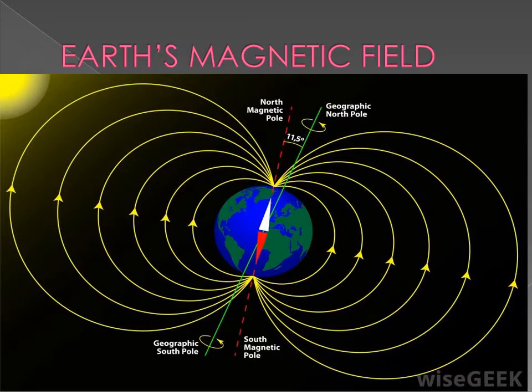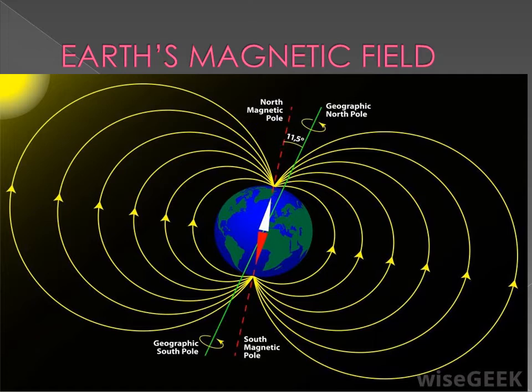Now we are going to see the Earth's magnetic field. From the activities performed in your lower classes, you might have seen the needle compass, the magnetic compass. The needle will deflect if there is a magnetic field. A freely suspended magnet comes to rest approximately along the geographical north-south direction of the Earth.